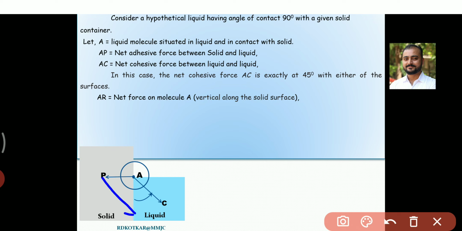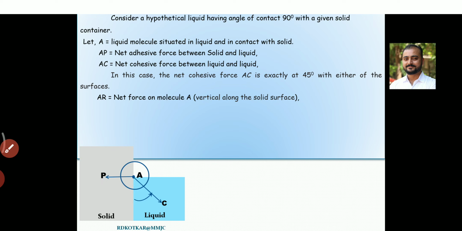Okay, somewhat like this, and again draw a line parallel to AP, like this. Okay, so this line is parallel to AP, and now this line should be parallel to AC. So the resultant of this should be along this line. Okay, as you observe, this is the resultant direction.